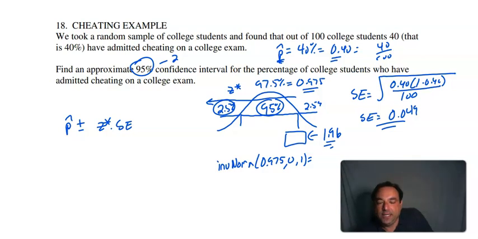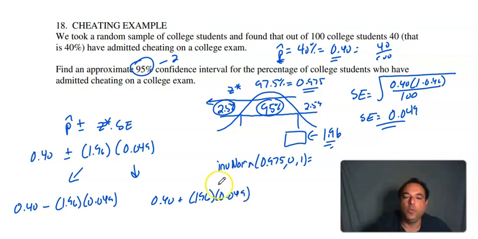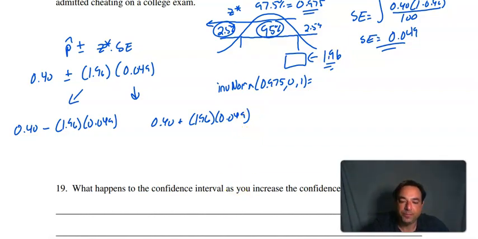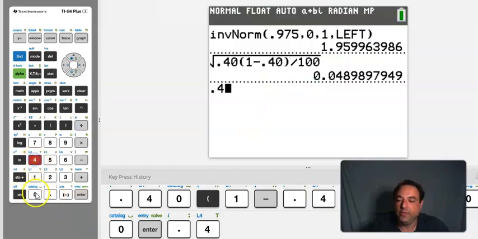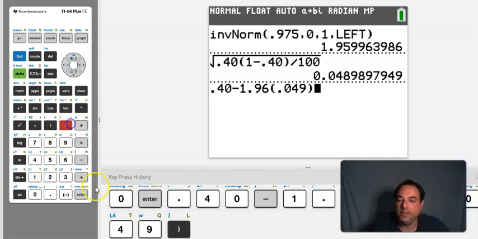P hat is 0.40 plus or minus z star 1.96 times your SE 0.049. We're going to do 1 minus, 1 plus. So we have 0.40 minus 1.96 times 0.049, and we have 0.40 plus 1.96 times 0.049. So we have 0.40 minus 1.96 parenthesis 0.049.